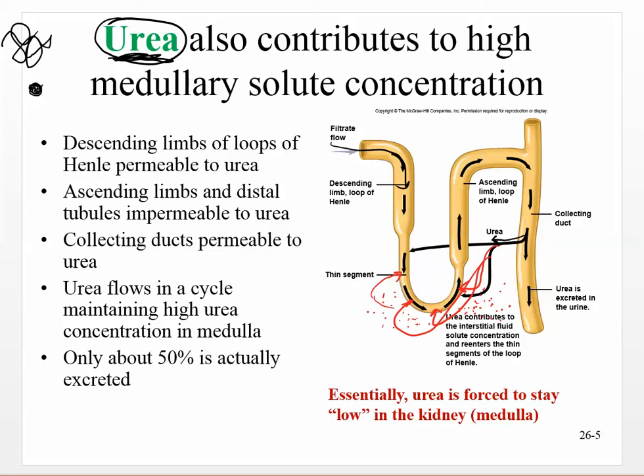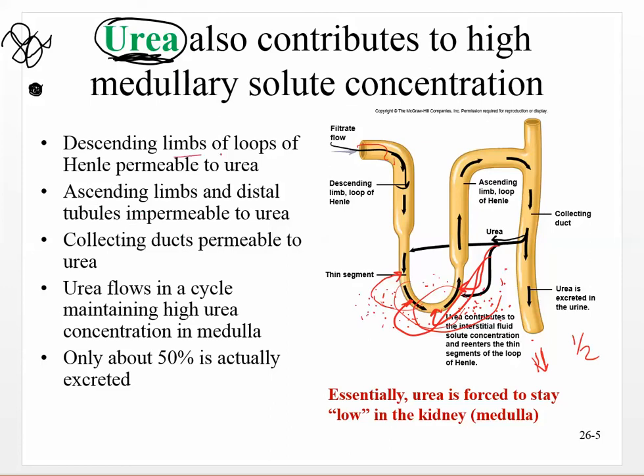And so the urea will actually contribute to that as well. So it's kind of constantly circling around here. About half of it will leave, so about 50% of it will actually leave as urine, but we've got a pretty constant supply all the time, and so it's kind of looping, cycling around in this area, which is contributing to that concentration gradient, as well as the other salts that we talked about.